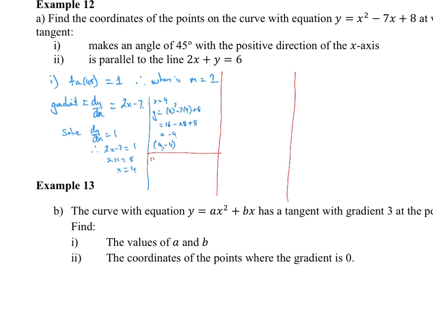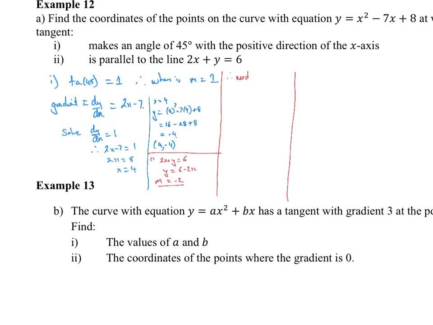So if we consider 2x plus y equal to 6, that's y equal to 6 minus 2x. So the gradient of that line is equal to negative 2.